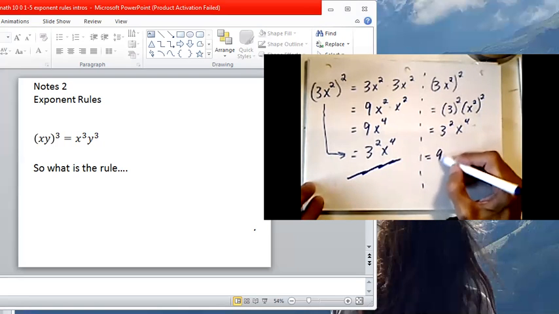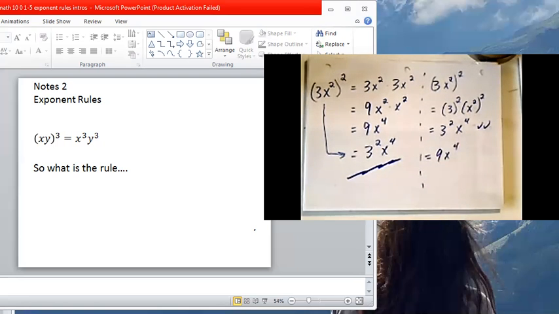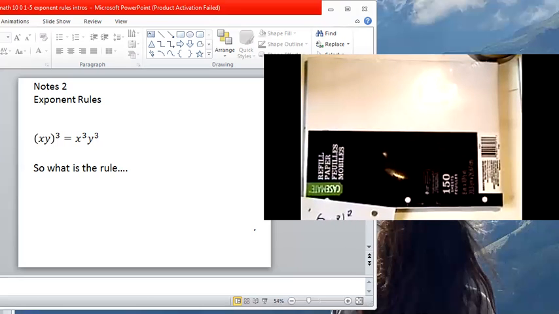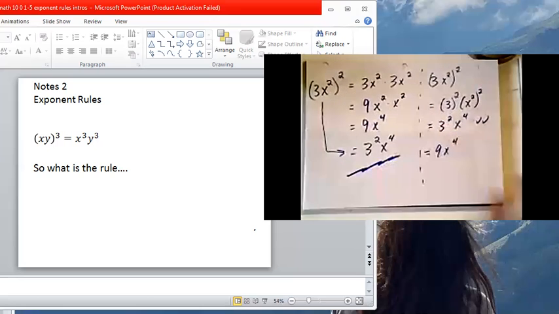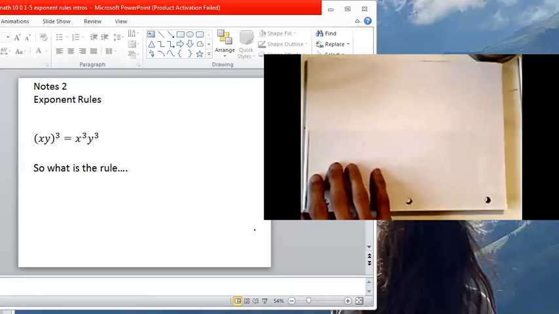So it would be 9, but the goal is to get the rule. So how do we write this down? I think like this.